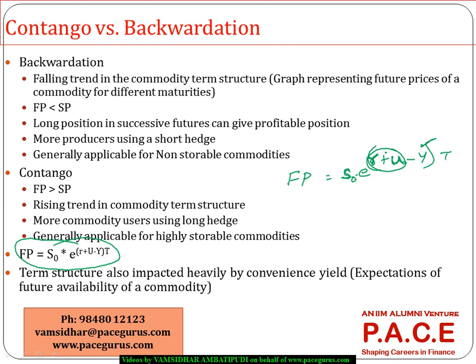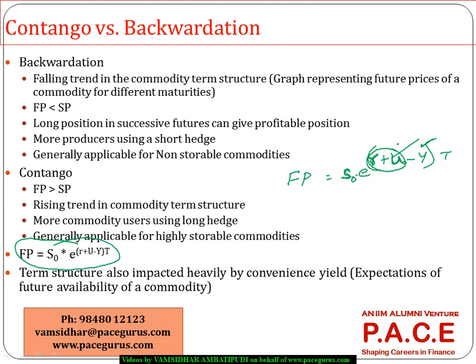But if it is storable and the storage costs are going to be much higher, it's very much possible that the futures price is generally more than the spot price itself, thus resulting in a contango position for that particular commodity.